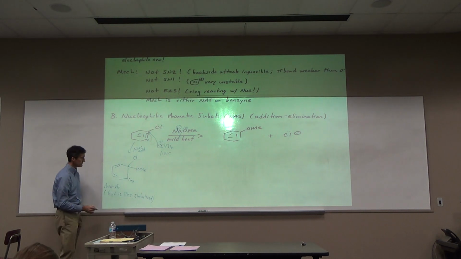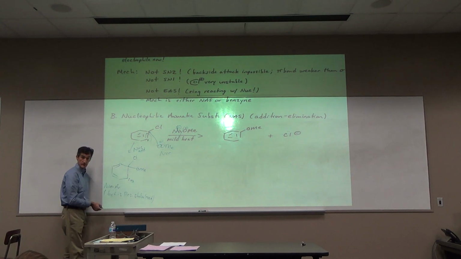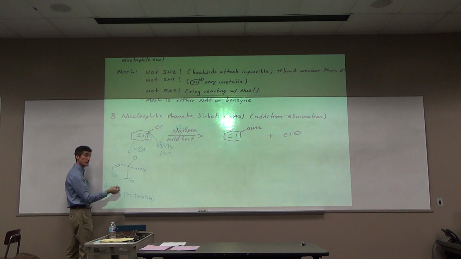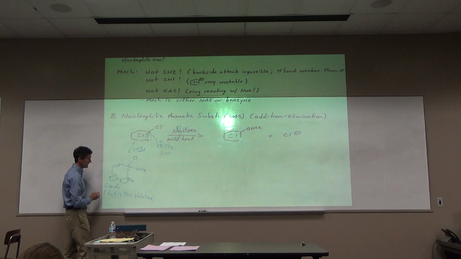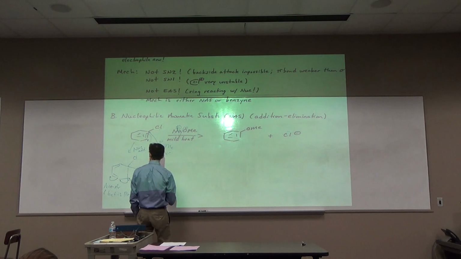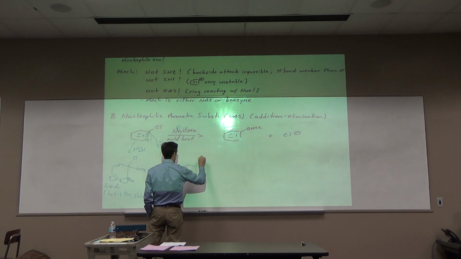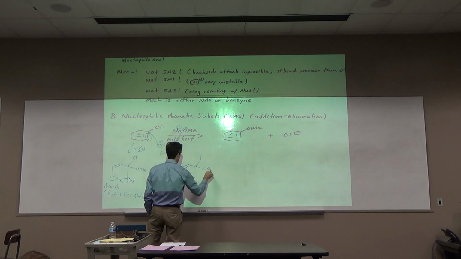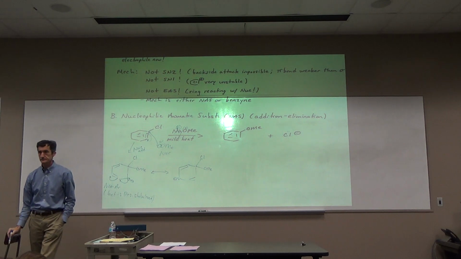Can we draw resonance here? Need to be able to draw resonance of carbocations, cations in the ring, but also anions. These electrons can come here, and these can move out. That would give here.